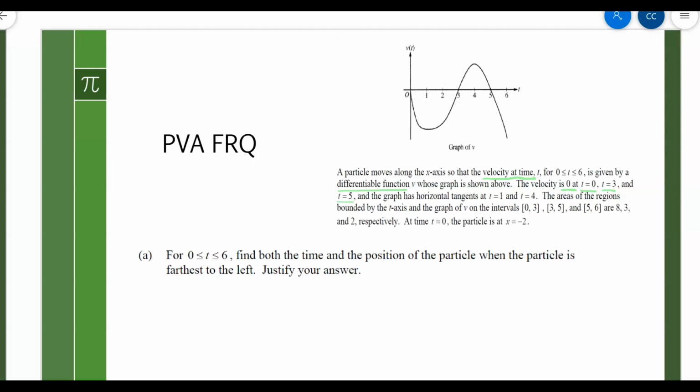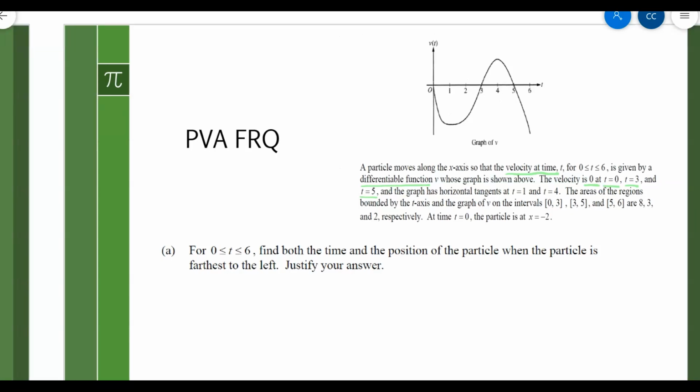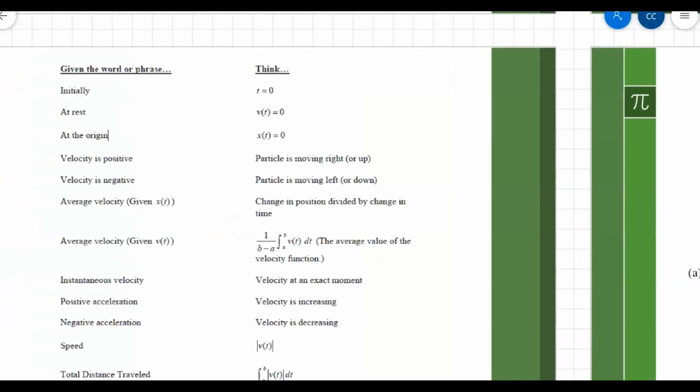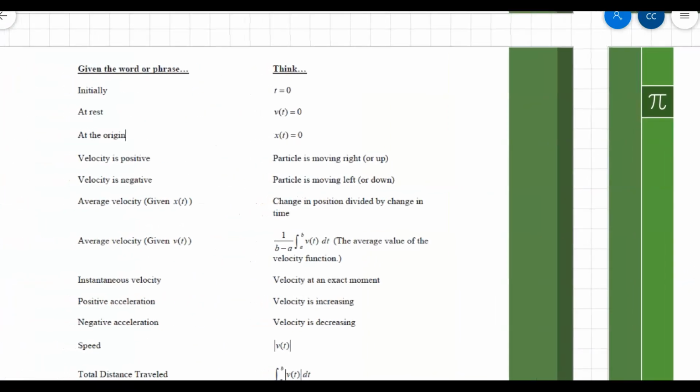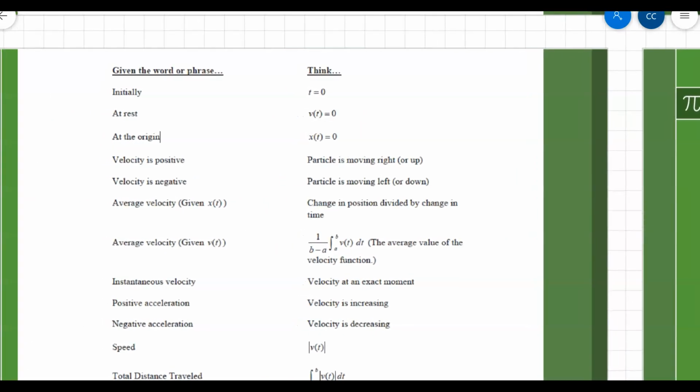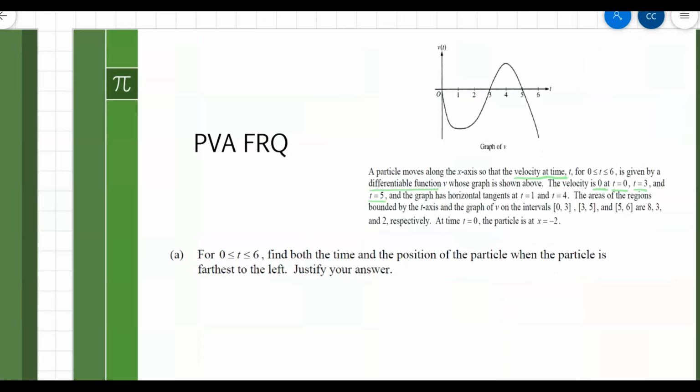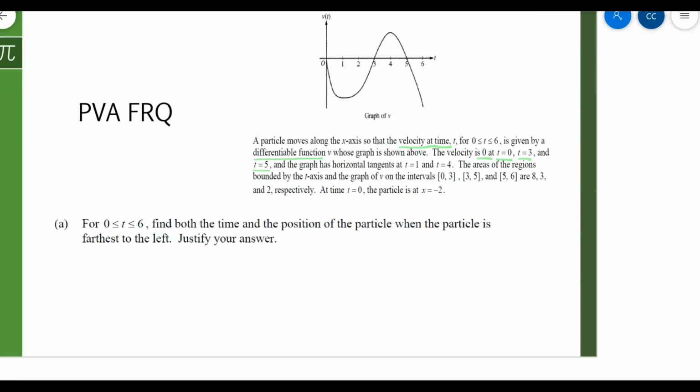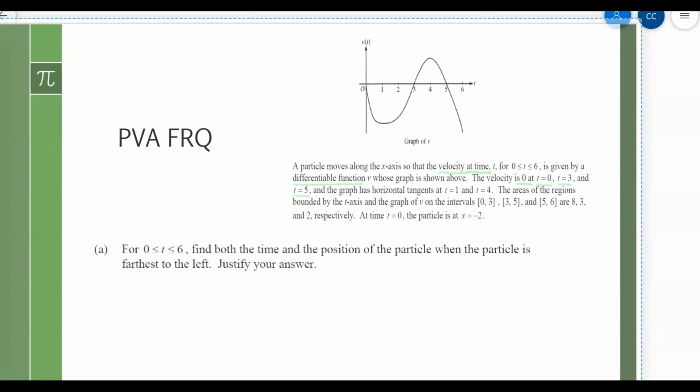So why does the velocity being 0 matter? Well, if the velocity is 0, then we know from the previous page of information that the particle is at rest. So the particle is not moving at 0, 3, and 5. We're also given that the graph has a horizontal tangent at 1 and 4.